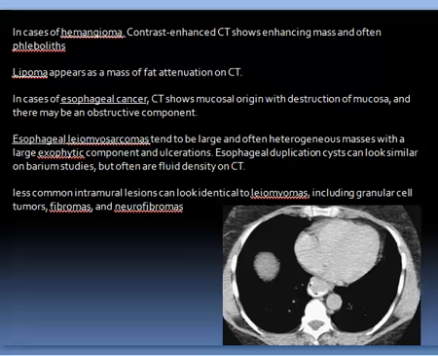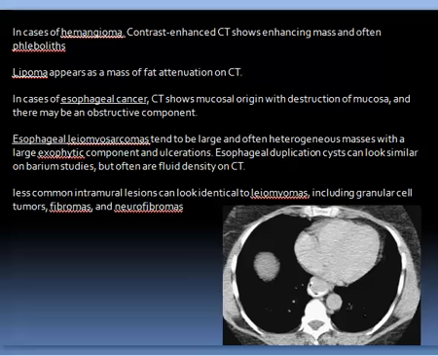In case of esophageal cancer, CT shows mucosal origin of the cancer with destruction of the mucosa. There may be an obstructive component, dilatation, or extension out. Esophageal leiomyosarcoma tends to be a large and often heterogeneous mass with a large exophytic component, extending out and associated with ulceration of the surface.